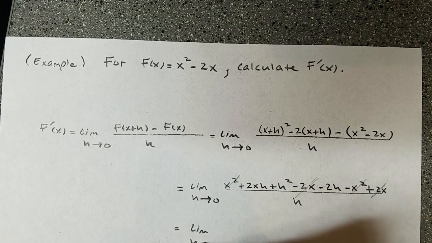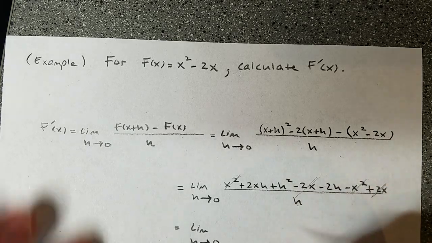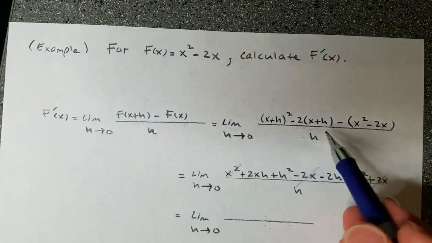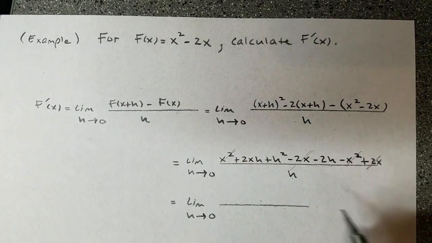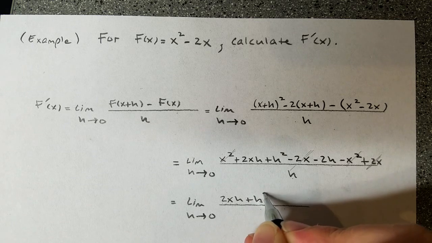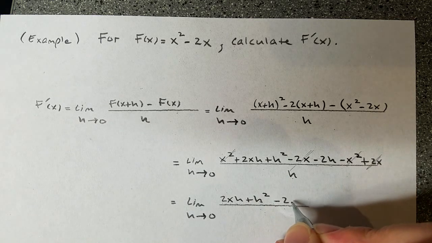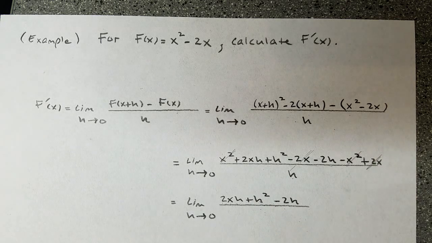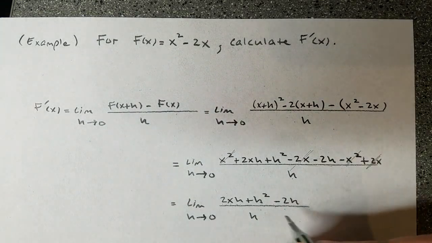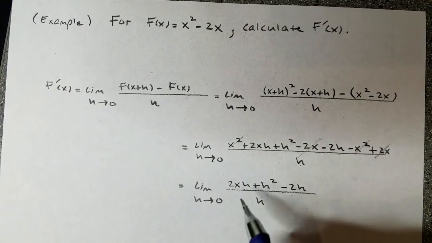Let's collect it all together and have another look at it. After my little bit of algebra is done and some canceling is done, I get 2xh plus h squared minus 2h, all over h. Now, I can reduce this further.